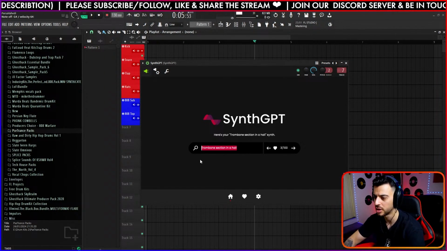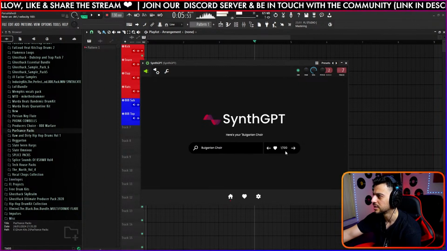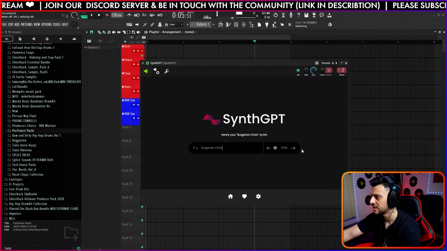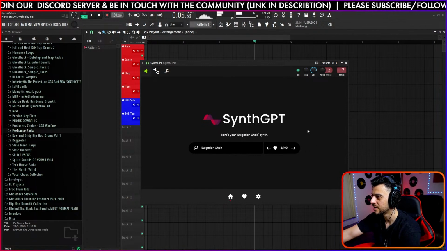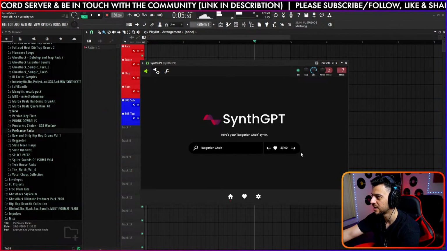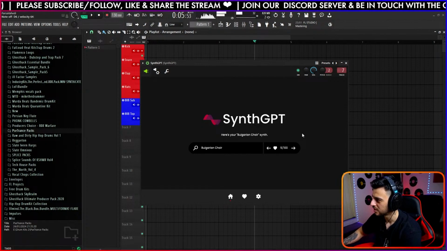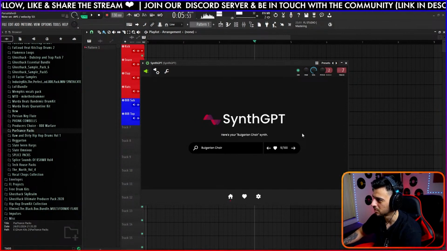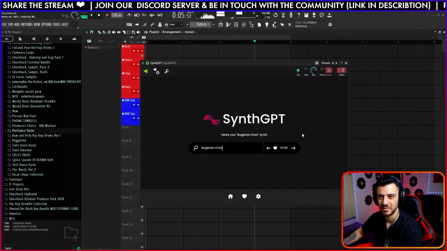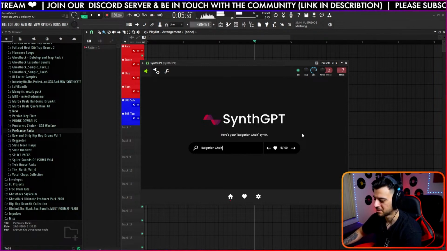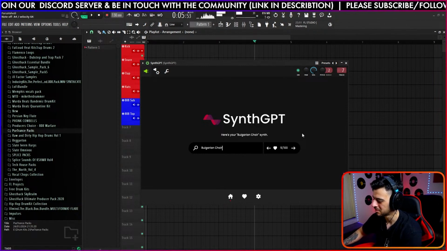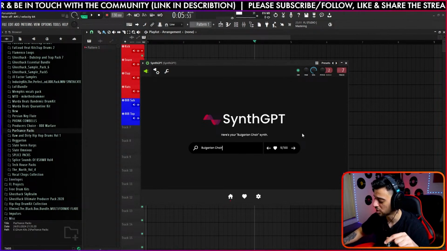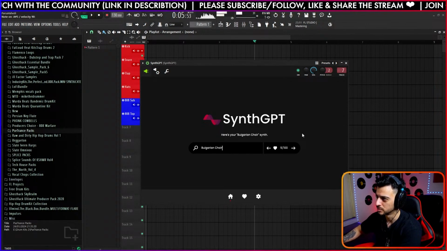Next one we had was Bulgarian choir. I'm doing that with 2 notes, A sharp and A, and then the octave below.